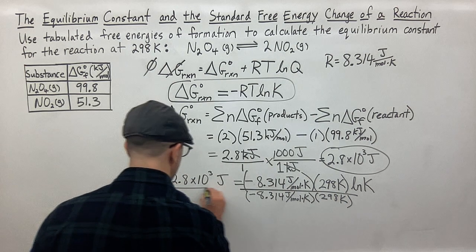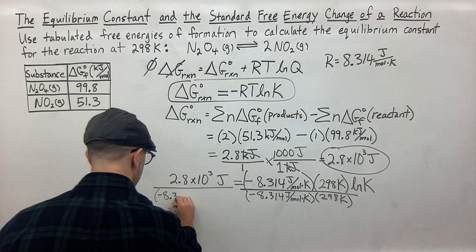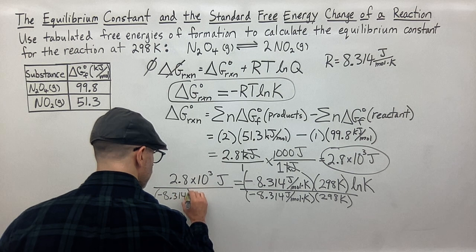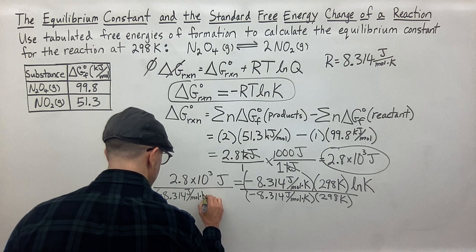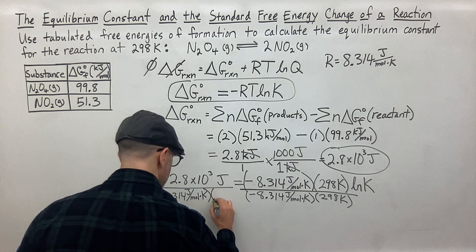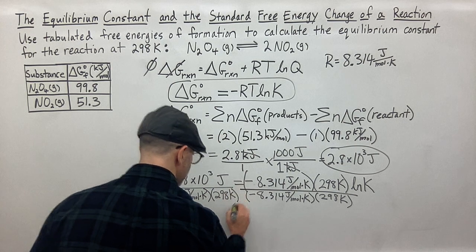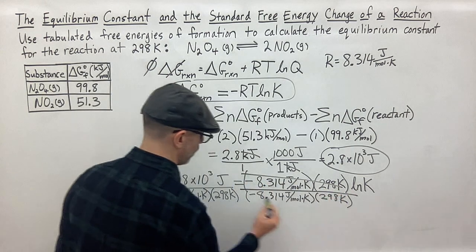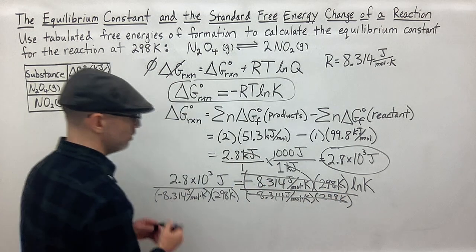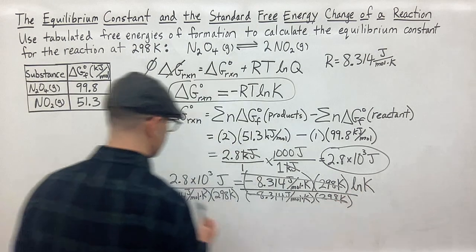And then I'll divide everything by the same over here, negative 8.314 joules per mole Kelvin multiplied by 298 Kelvin here. So all of this is going to cancel out. And then what I'm left with is ln of K equal to this.